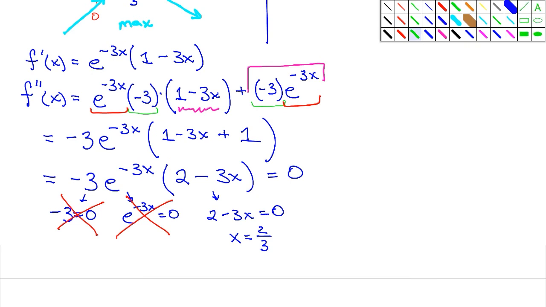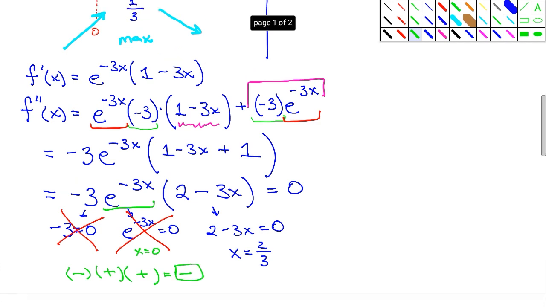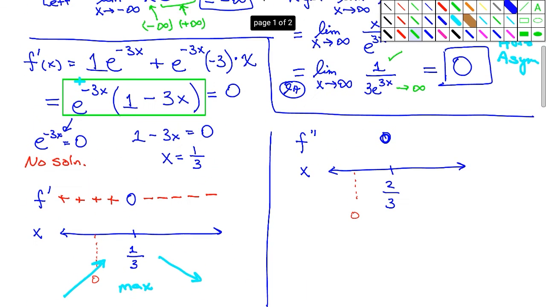The negative 3 is going to always be negative. The e to the negative 3x is always going to be positive. And then this one is the one that can be changed. So if I use x equals 0, I get 2 minus 3 times 0, which is positive. So at 0, we have a negative. And the multiplicity was odd, so it changes sign there.